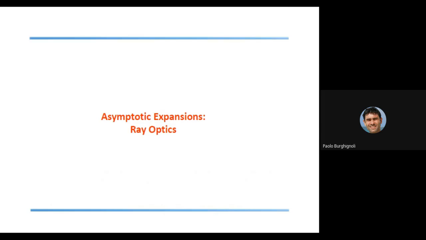In this course, I have decided to address this topic because it's a nice application of the theory we have developed in the last lesson, in which I remind you we have seen what an asymptotic expansion is. And now it turns out, as we will see in a few minutes, that ray optics is actually an asymptotic approximation of the exact wave field representation, which would be a solution of the exact wave equations.